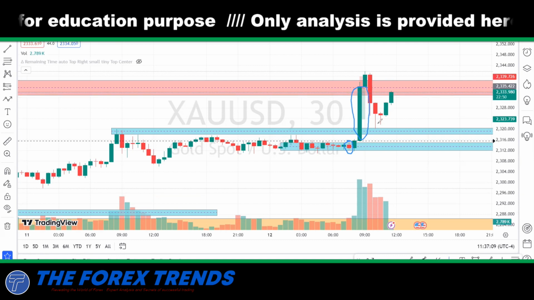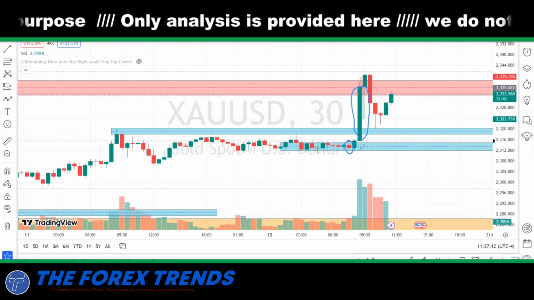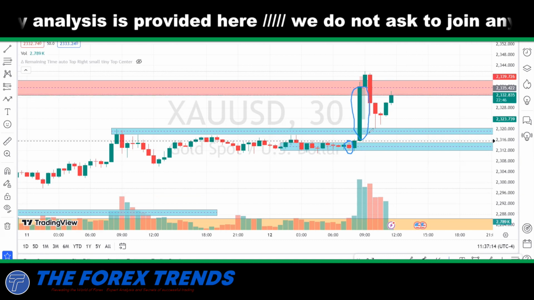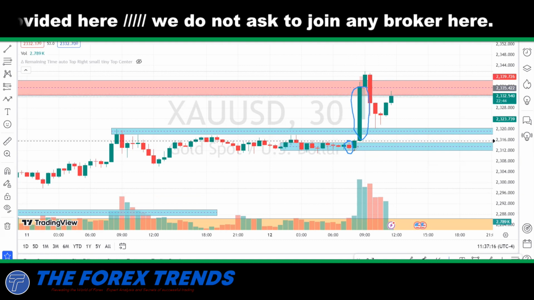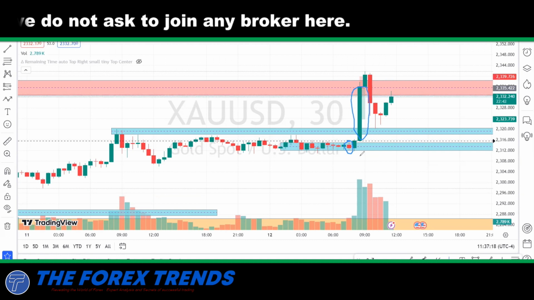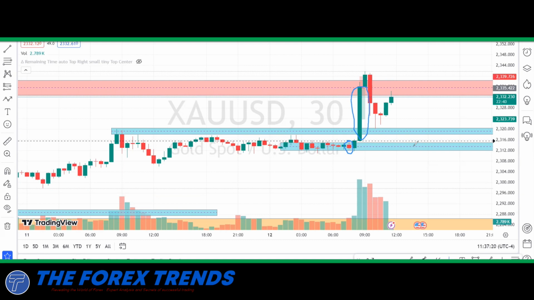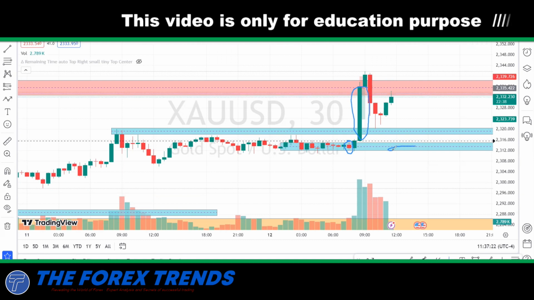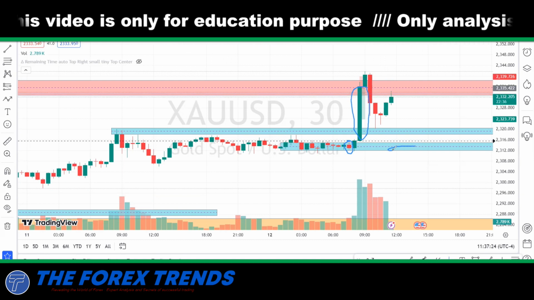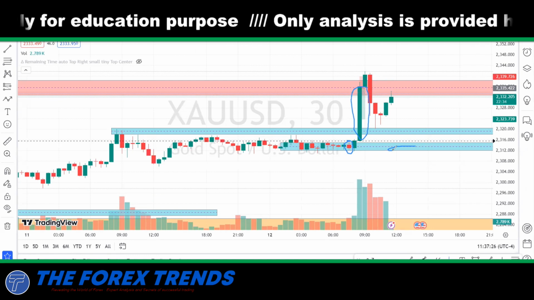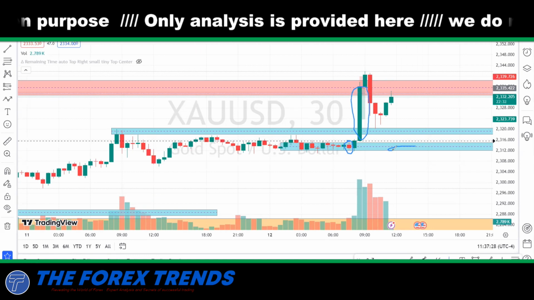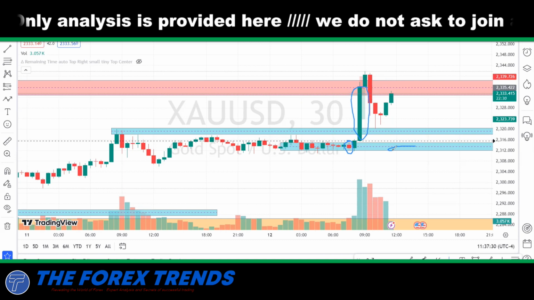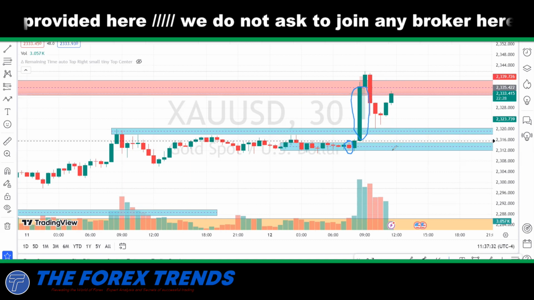Okay guys, that's why I'm very confident on this level, that is the price 2314 to 2310. If we get the price at 2310 to 14, we may initiate a buy up to the 2355 level.